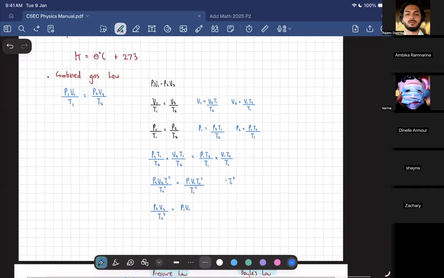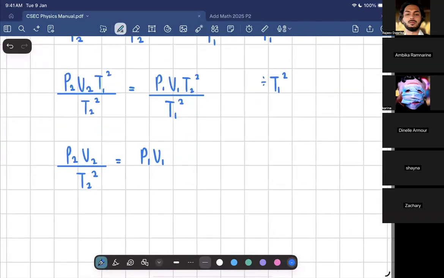I think I'm proving something else as opposed to the combined gas law, because it will not work out from what I'm seeing here. Because if you do that, it's gonna be P2 V2 over T2 squared is equal to P1 V1 T2 squared all over T1 to the power 4.